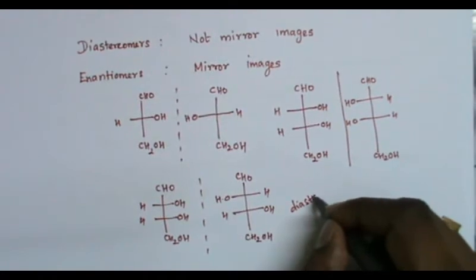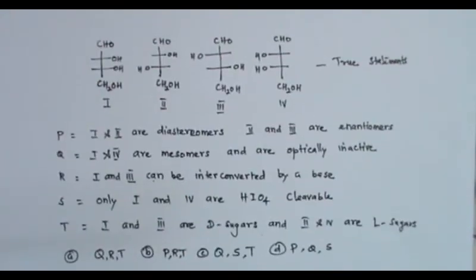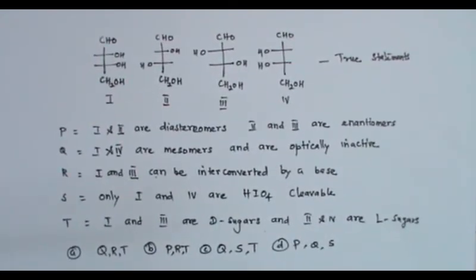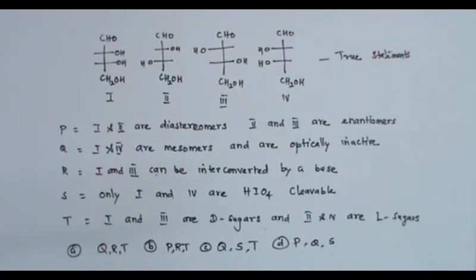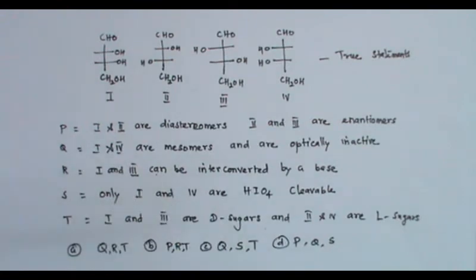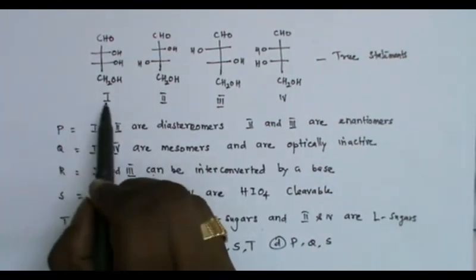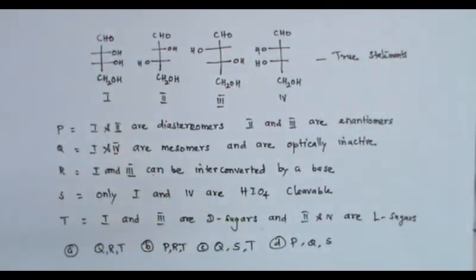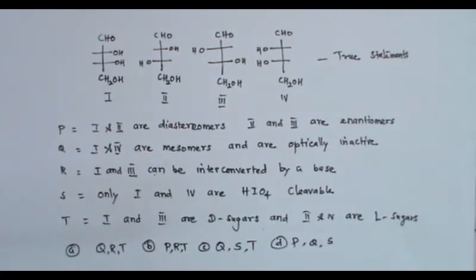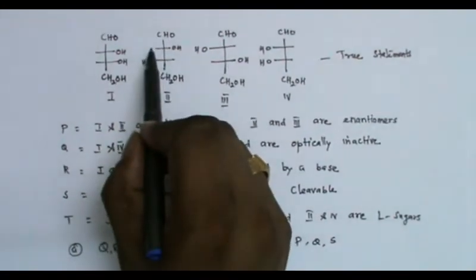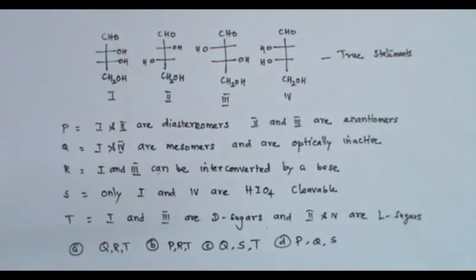Now let us try to apply the concept and check whether the first statement is correct or not. 1 and 2 are diastereomers. Look at this, 1 and 2, they are not mirror images. If they are mirror images, then here we should get OH, but it is not there.